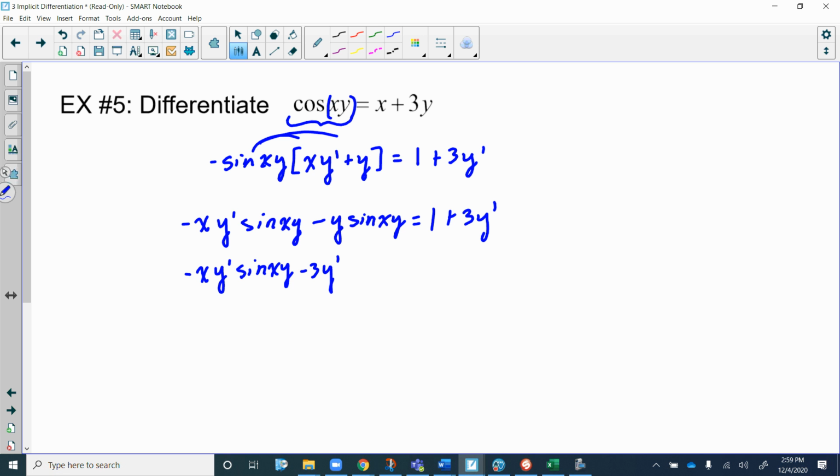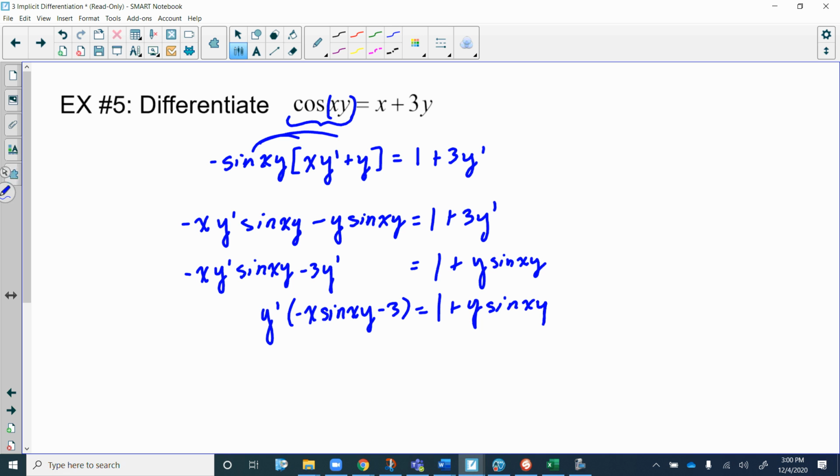Move the negative y sine xy to the right side, and that will give me equals 1 plus, oops, I forgot my y, y sine of xy. And now we can factor out the y prime term. So y prime will give me a negative x sine xy minus 3 to be equal to 1 plus y sine xy.